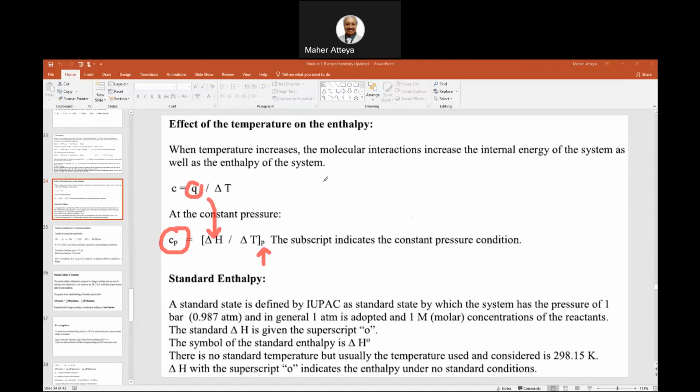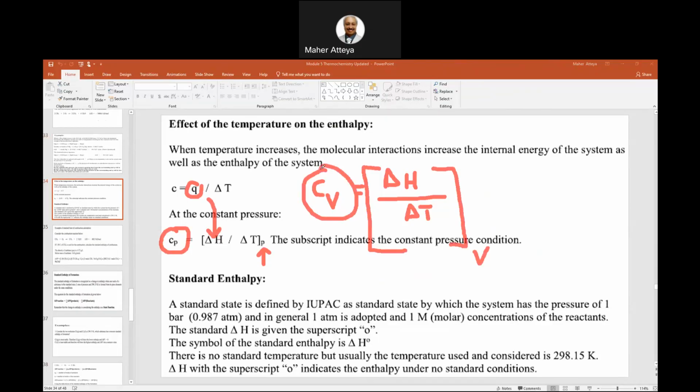We have CV, which is the same thing as delta H divided by delta T, final minus initial, and the whole thing is at constant volume. So either you have specific heat at constant pressure, or specific heat at constant volume, either or, correct?